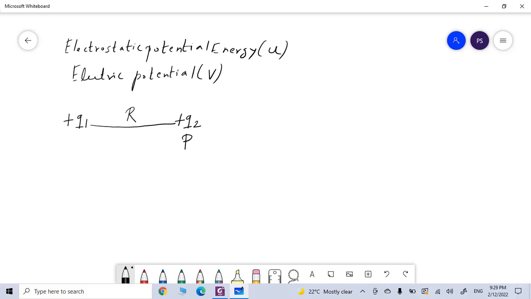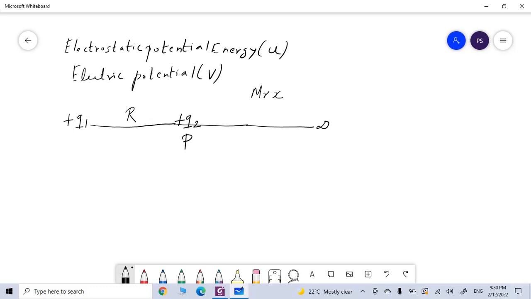Let us imagine that this Q2 was brought from infinity by a person, let's call him Mr. X. He's a very nice guy, a smart guy.